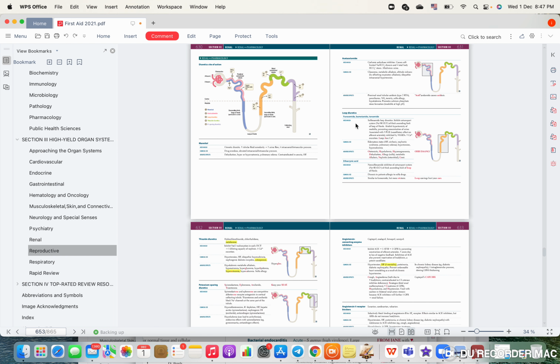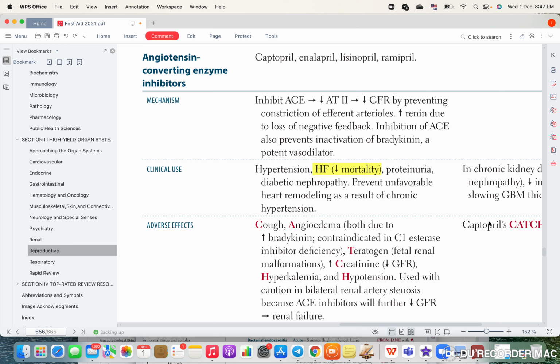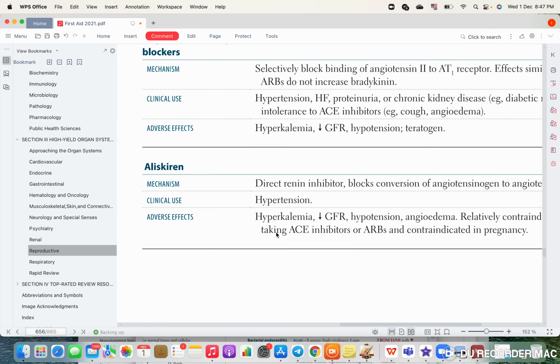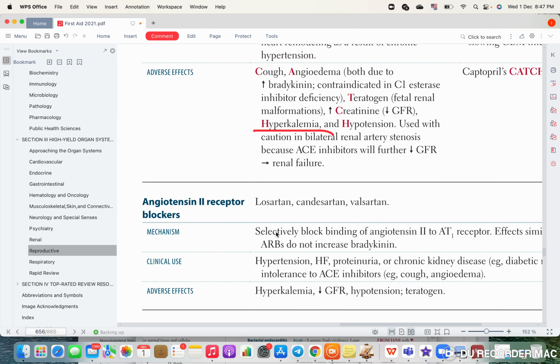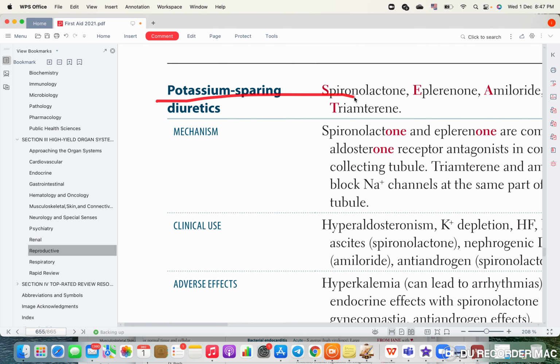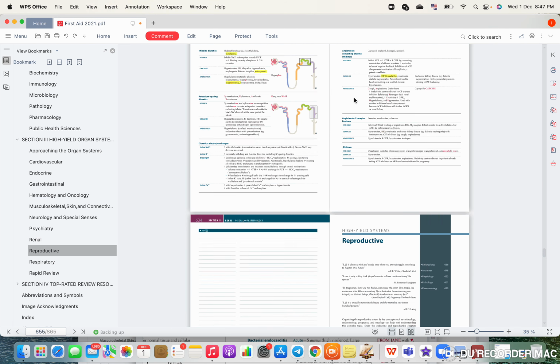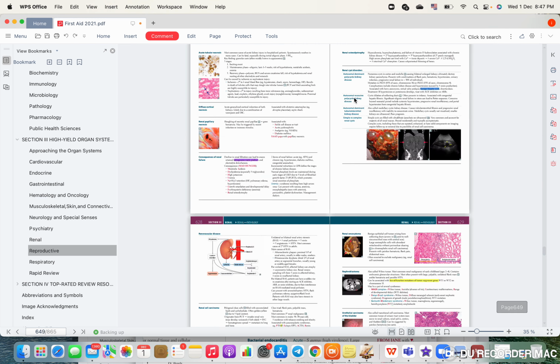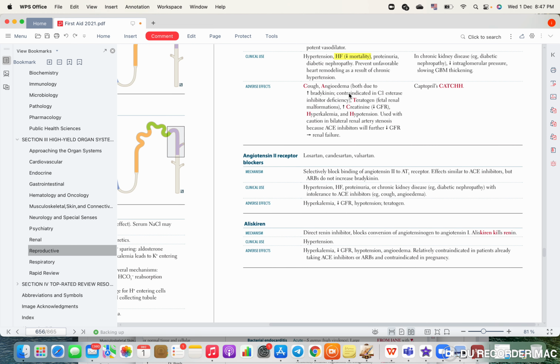Potassium sparing, exactly. Okay, I want you to be careful about one thing. It's between the lines, so it's important. If someone is using an ACE inhibitor, he will have a high risk of hyperkalemia. If he is concurrently using a potassium sparing diuretic, this also can lead to hyperkalemia. If he's using also a beta blocker, that can lead to hyperkalemia. So be careful about patients using so many drugs that lead to hyperkalemia.